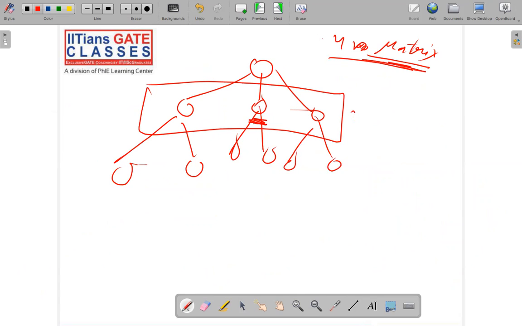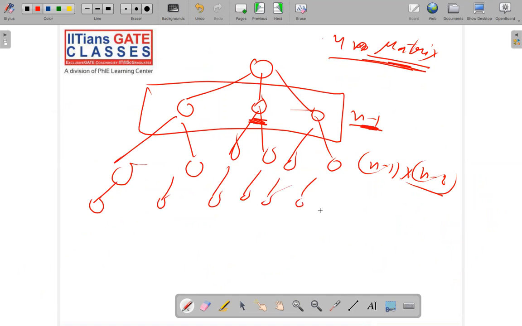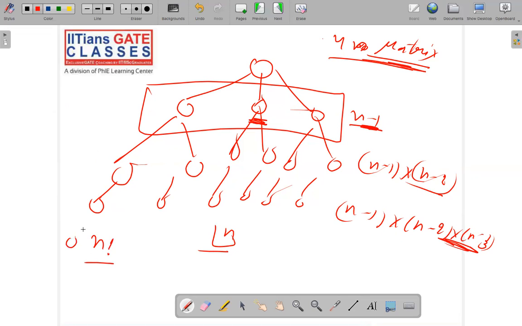So here we have n minus 1, and then n minus 1 calls making n minus 2 calls each, and so on. It's n minus 1 into n minus 2 into n minus 3 calls. So in total we have factorial n calls. Factorial n time complexity is basically n raised to the power n.